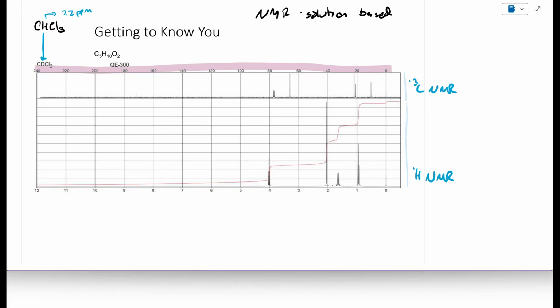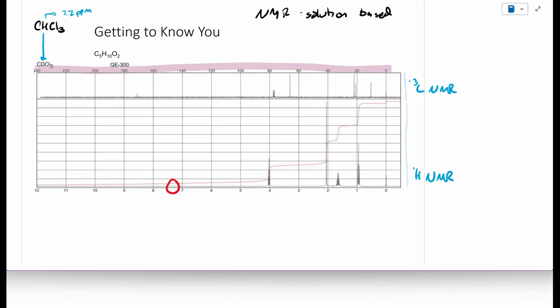We haven't really talked about chemical shift much yet, so don't get too concerned about that. Just accept for now that the hydrogen in chloroform would have a chemical shift of around 7.2. So if you look at this real-world NMR, you can see right here a very tiny peak around 7.2. That is the residual hydrogen from protiochloroform. So it will show up in essentially all of our NMR spectra.